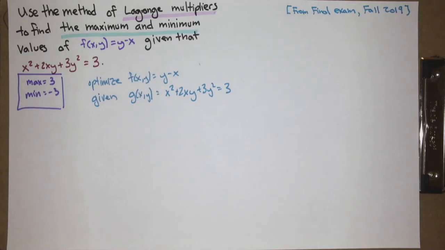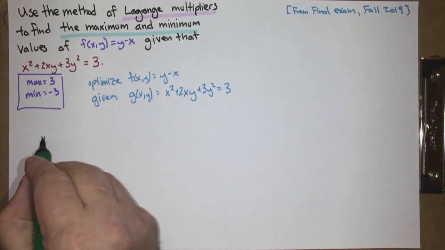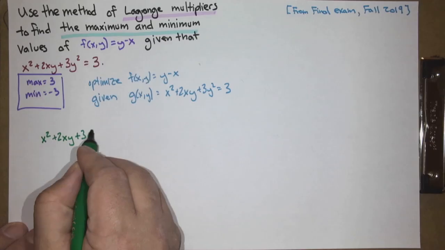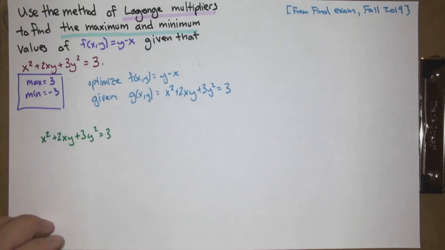The plan is we have to solve for points. So we have two variables, x and y. We need two equations. Good news is we have one equation, the constraint. So we'll put that down here. But we need a second relationship that's satisfied. So how do we find that second relationship?